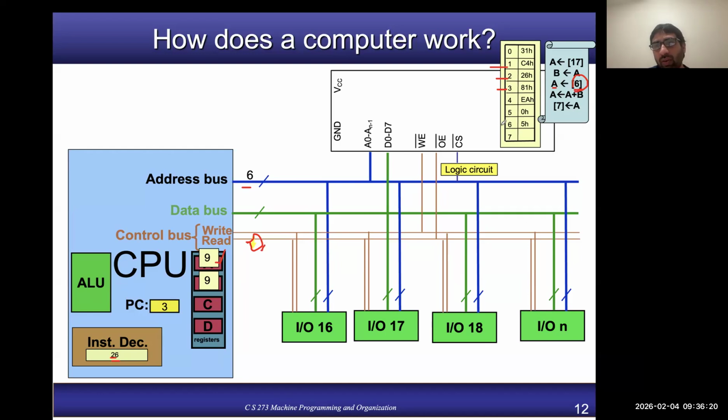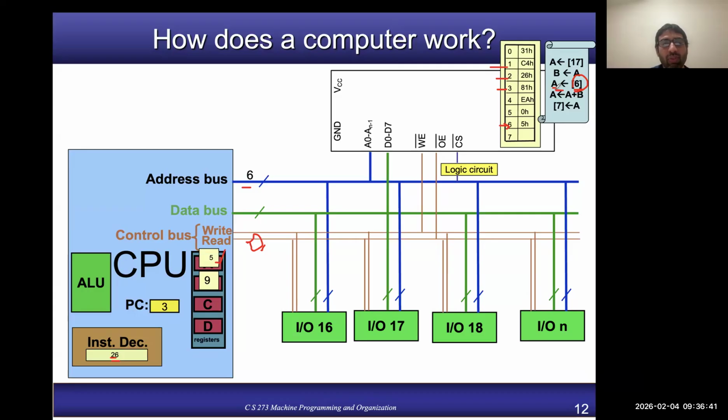Now what is the value at address 6 here? It is 5H. So this value will be read next. It is placed on the data bus, and then what did the instruction say? Put it in A. So it will be moved to register A. Now we are done with this instruction.